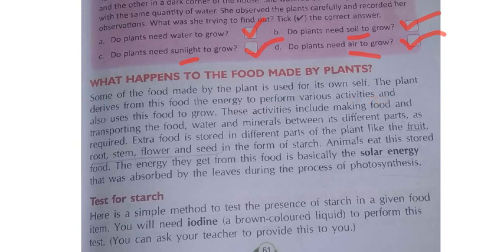Some will be useful for other activities like making food and transporting the food, water and minerals between its different parts as required. Some will be useful for sending that food to all the branches, stem, water, and minerals, everything that is required.